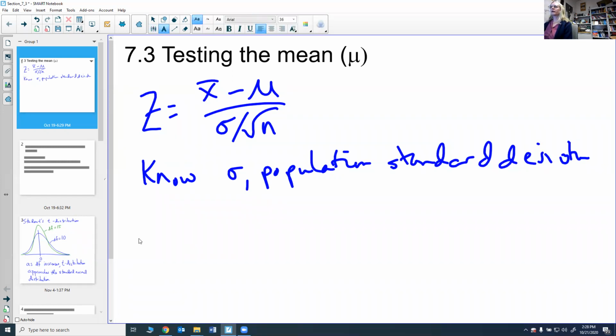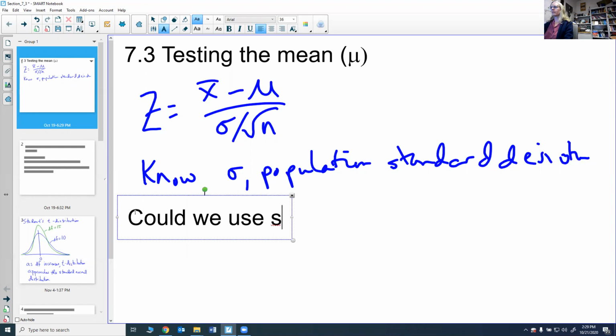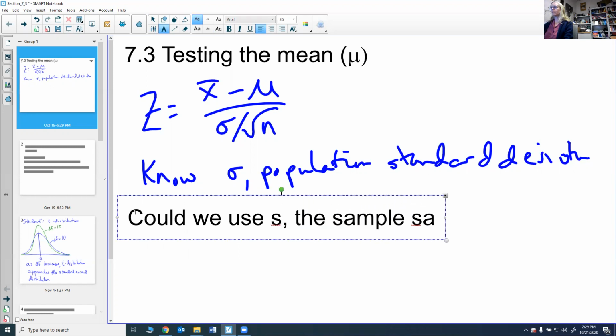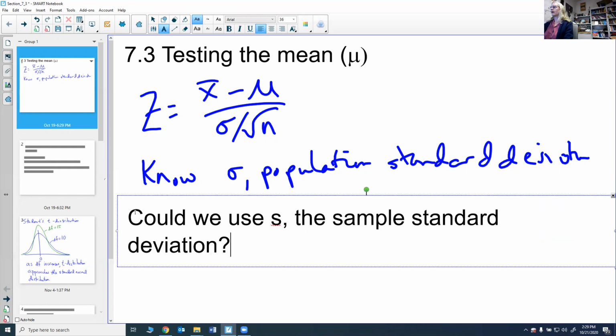So if we don't know what that is, could we just use the standard deviation for the sample? We could. Usually the sample values actually do a good job of telling you what the population values are.